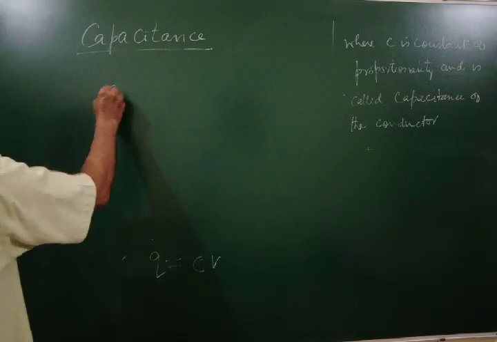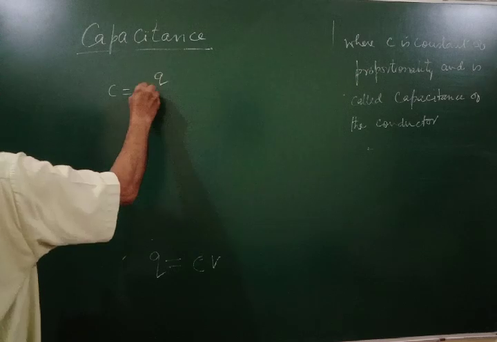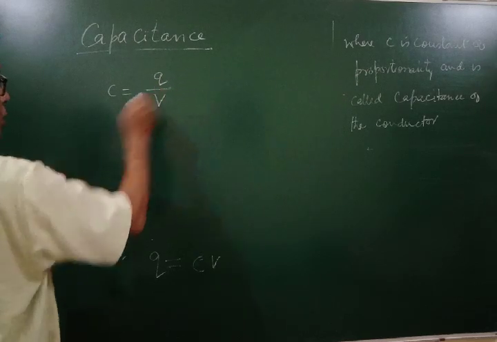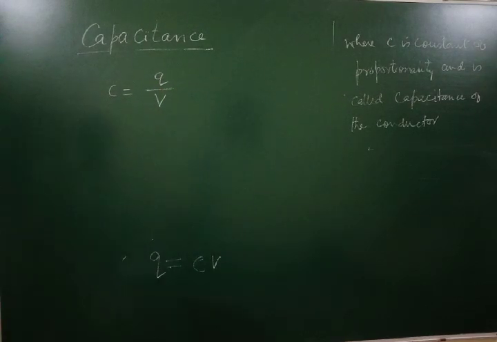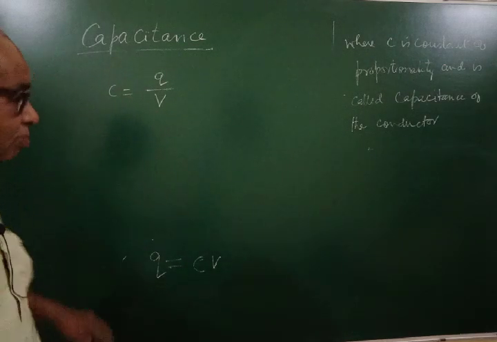Now C is equal to Q upon V. So what does it mean? The charge per unit volt.